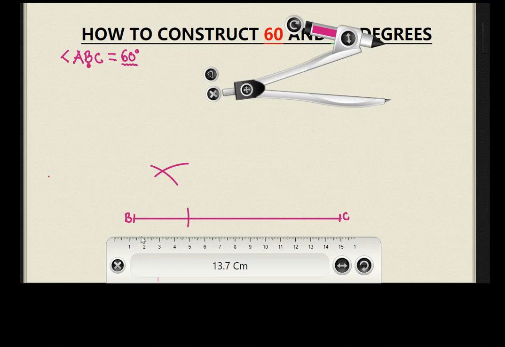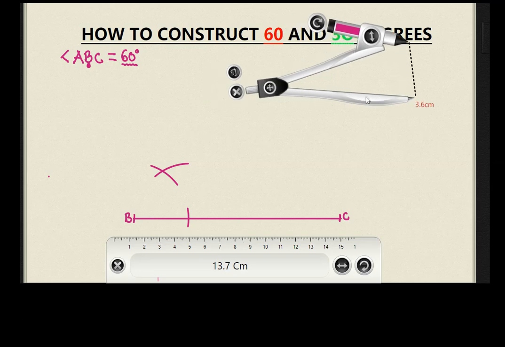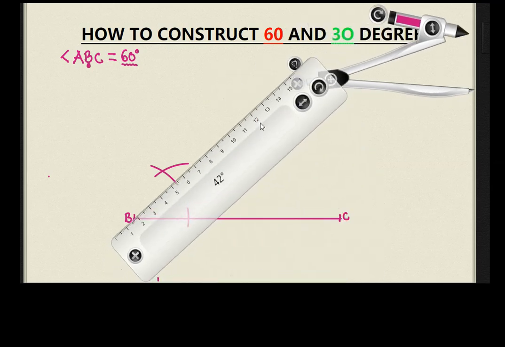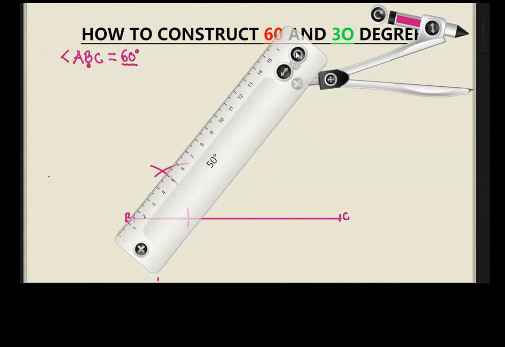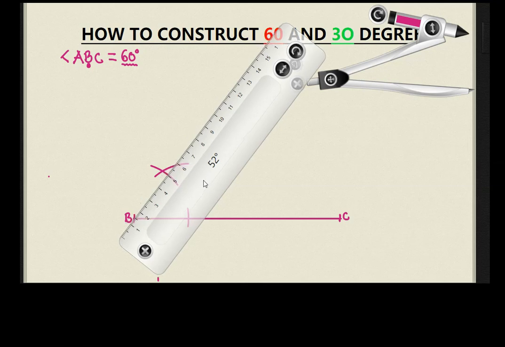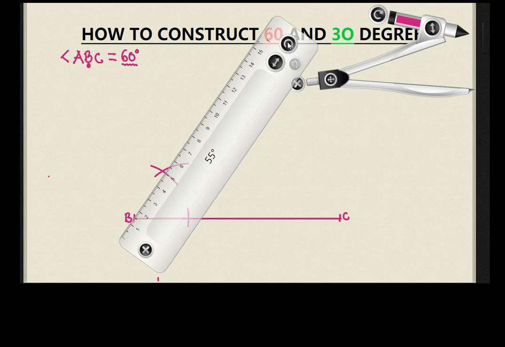Now after I've done that, what I need to do is to use my ruler and place it at point B and adjust it such that it passes through the point where the two arcs intersect, and then from there I can comfortably draw a straight line passing through the point of intersection.